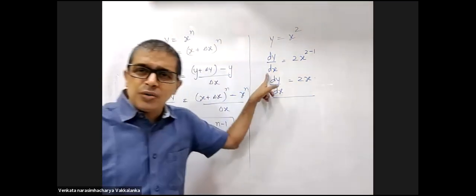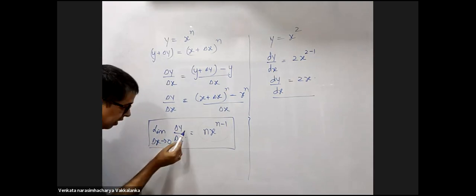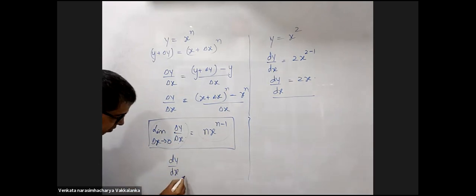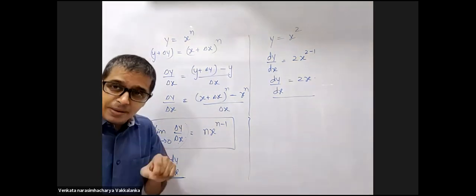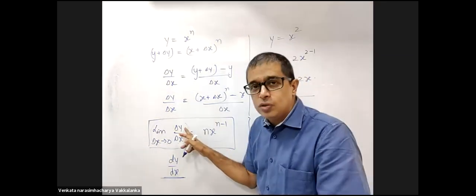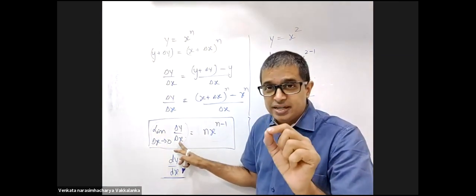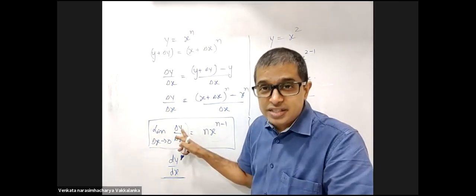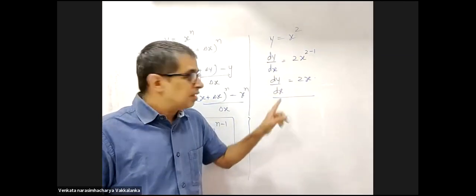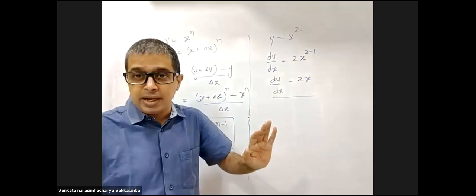You changed the symbol to dy by dx here. That's what limit delta x tending to 0 means. The mathematical instruction hereafter will be written as dy by dx. When you write dy by dx, it means for a small change in delta x, you evaluated the change in delta y.